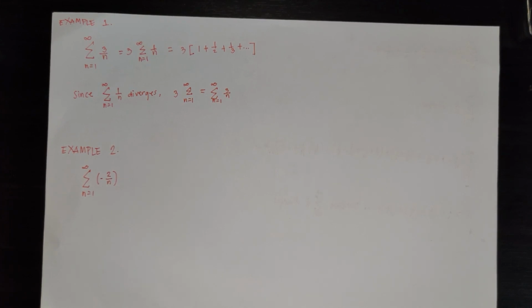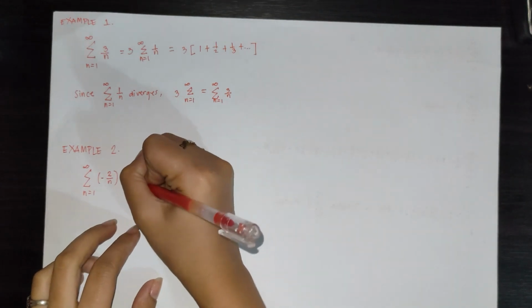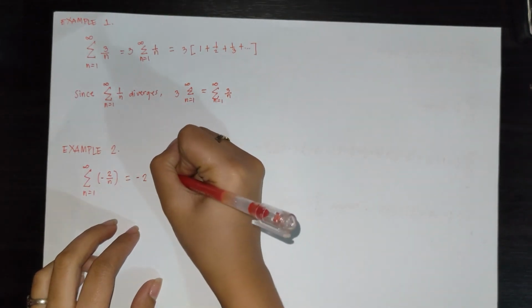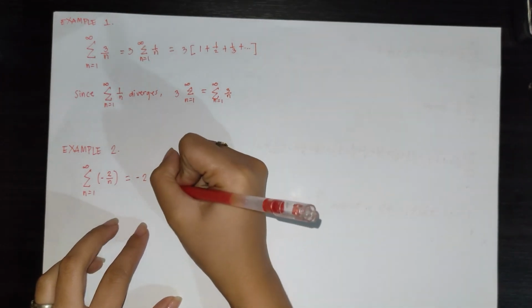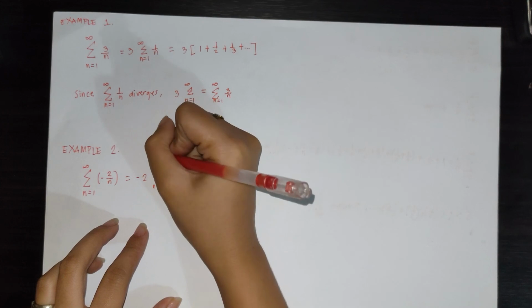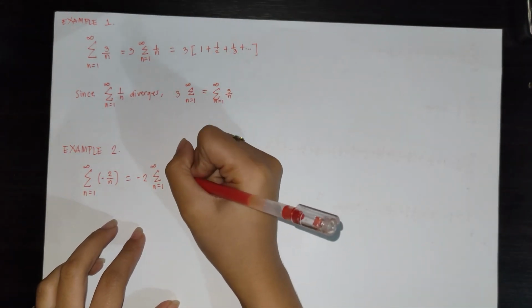Example number 2. The summation of n equals 1 to infinity of negative 2 over n. Notice, each term in this series is going to be negative. But again, we can factor out negative 2 and write this as negative 2 times the summation of n equals 1 to infinity of 1 divided by n.